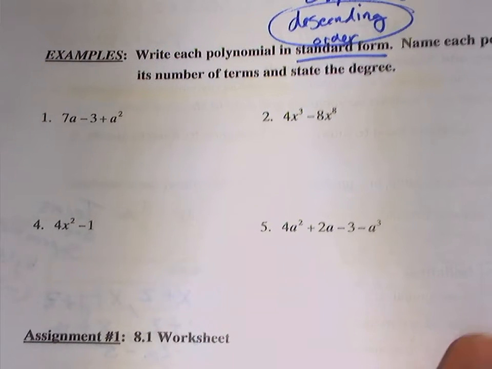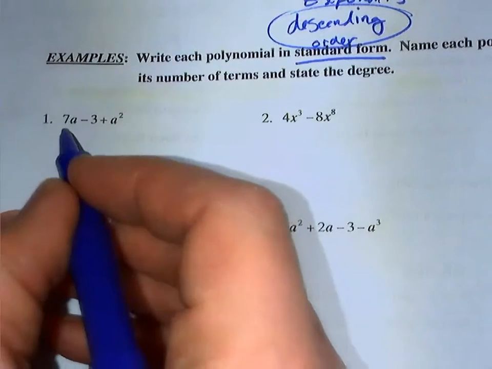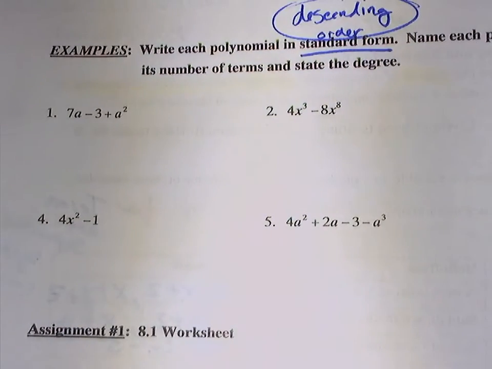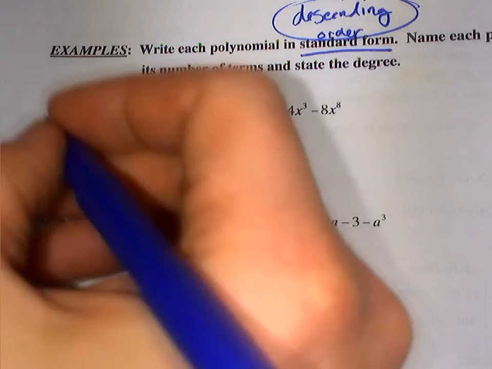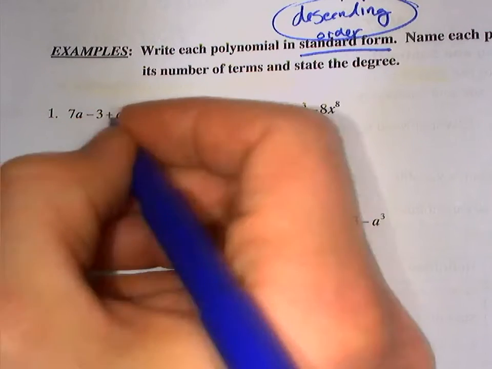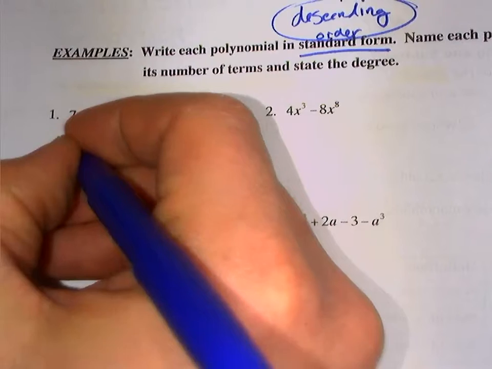So as I take a look, I've got number 1, I've got 7a minus 3 plus a squared. The first thing I do, if I want to write descending order, I take the largest exponent, which is what term? Who's the biggest guy? Colton? Yeah, a to the second, so we write that guy first, a squared.